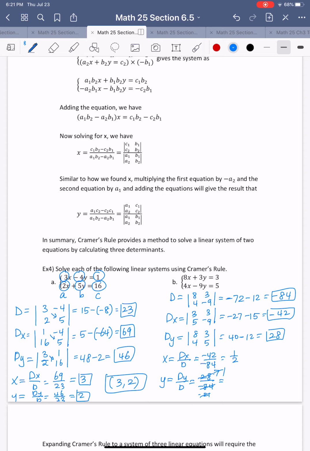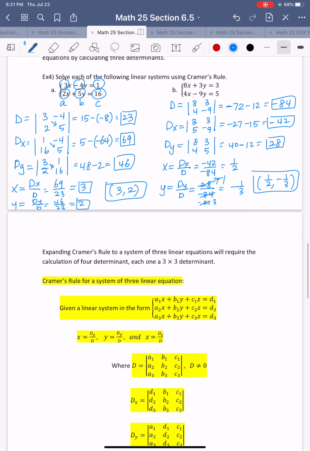Oh, so it's negative 1/3, isn't it? So the solution is 1/2 and negative 1/3. That's how I find the ordered pairs.